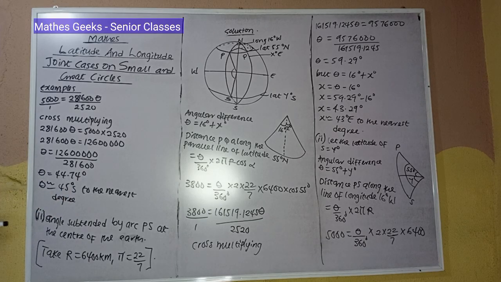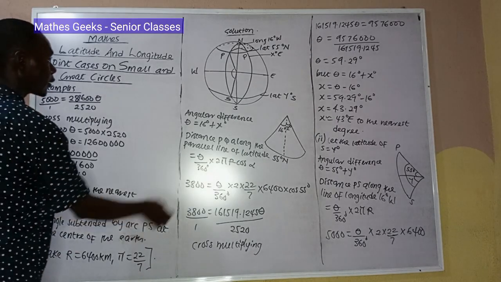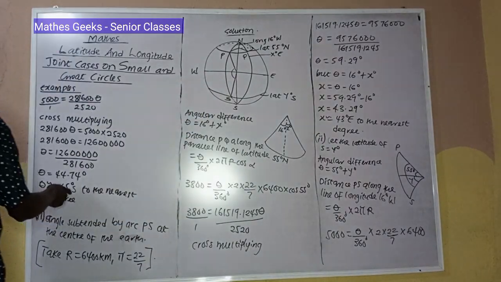So the angle subtended by arc PS at the center is 45 degrees.